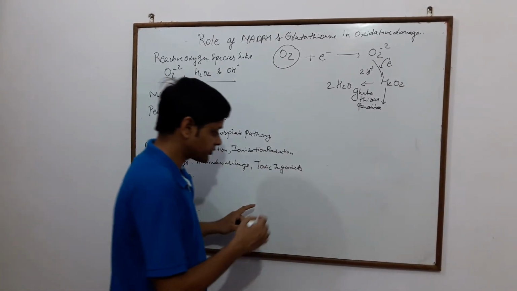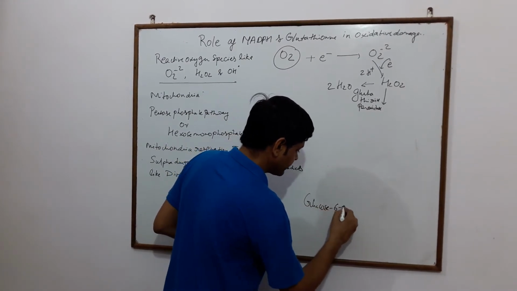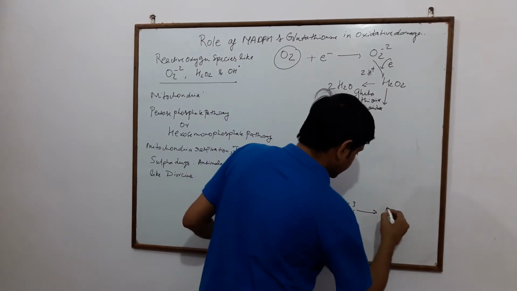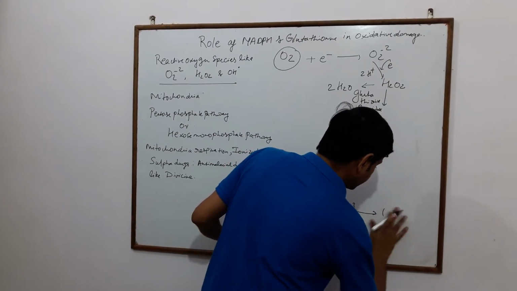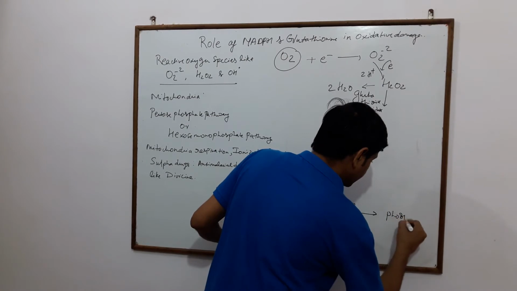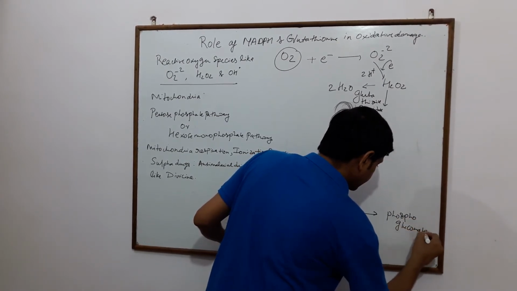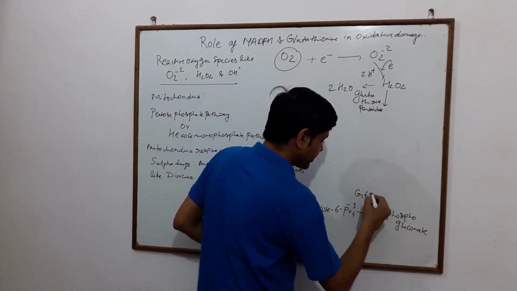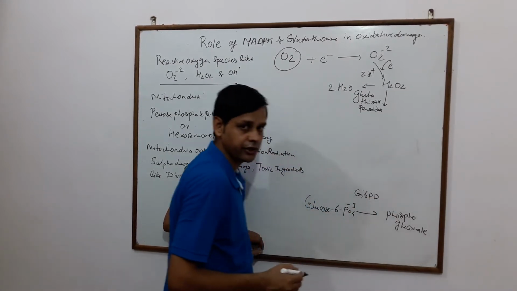When glucose 6-phosphate is available, it reacts to produce phosphogluconate in the presence of G6PD, that is glucose 6-phosphate dehydrogenase.